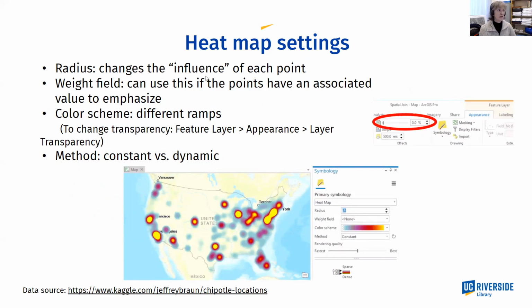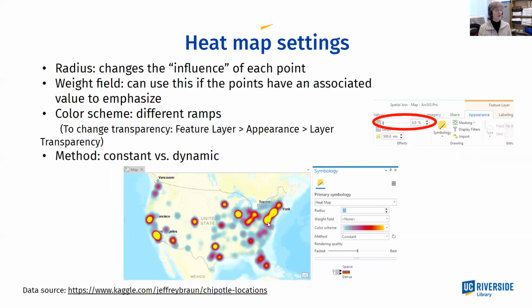The radius changes how much of an influence each point has, and you can play with that number and see what that does to your map. The weight field is something you can use if there's a value associated with your points that you want to emphasize, as well as the number of points in an area. For instance, this map was generated from locations of Chipotles in the United States.